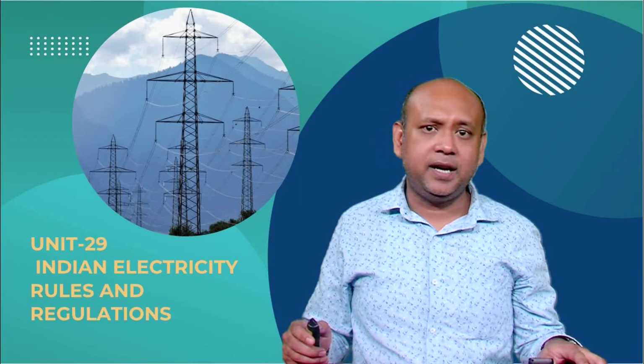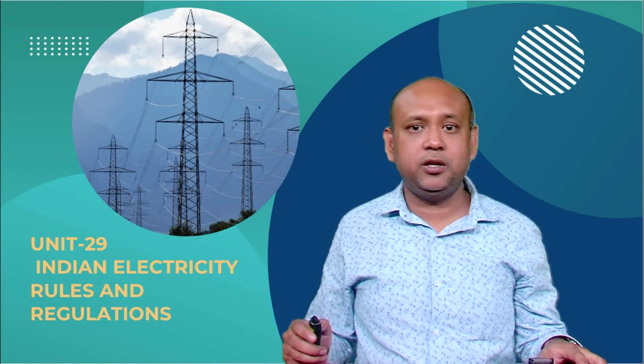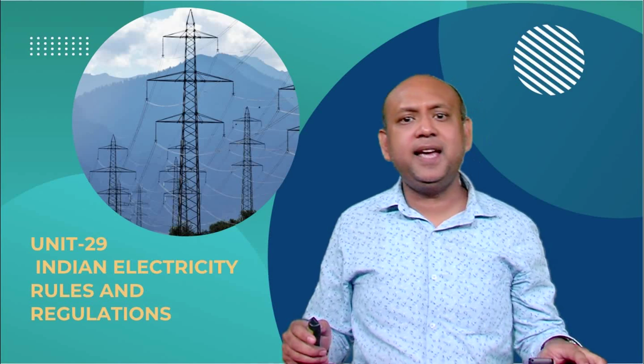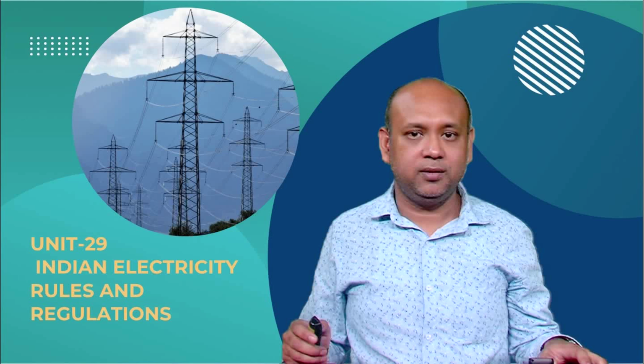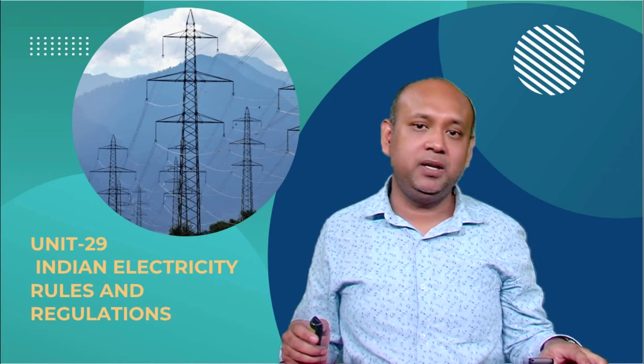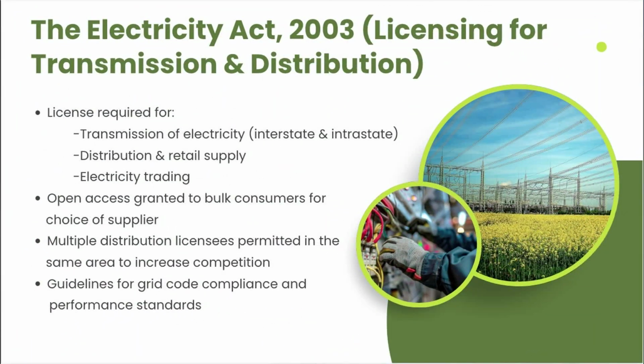Let's take a look at how the Electricity Act of 2003 regulates the transmission of electricity. Unlike generation, transmission and distribution require regulation to maintain the system integrity. Here's what's mandated. Licensing is required for transmission of electricity, both interstate and intrastate.